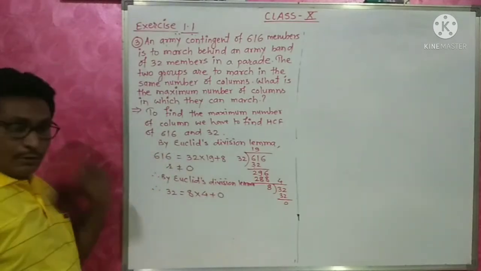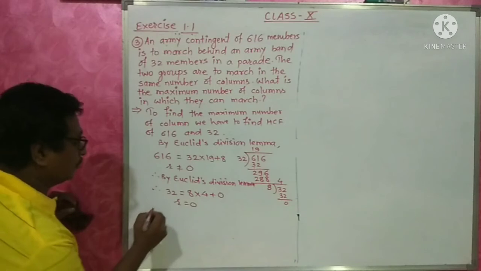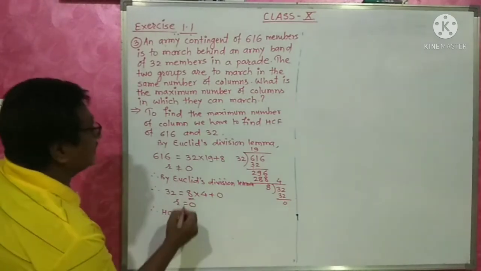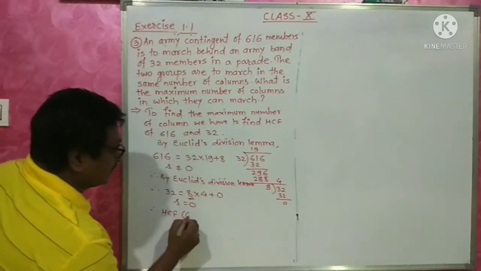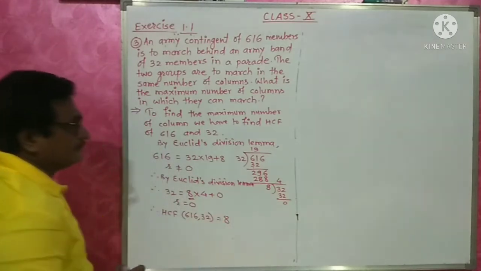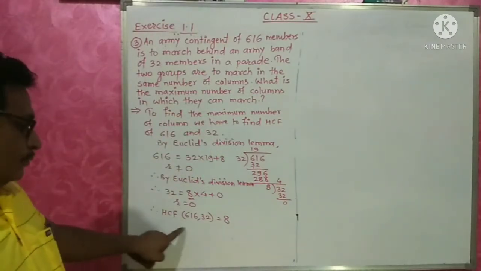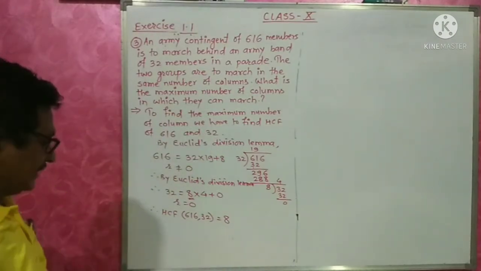We got remainder 0, so r equals 0. Therefore, the HCF of 616 and 32 is 8. So how many maximum number of columns? The maximum number of columns is 8.